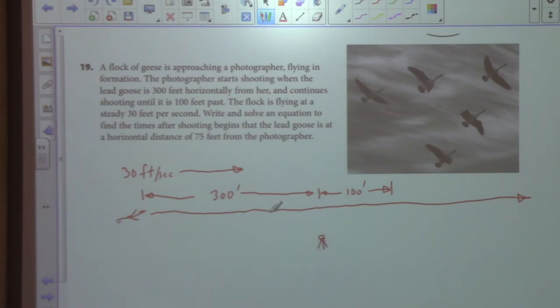So you're 75 feet away, like right here and right here. If we had this as a number line starting at 0, what would these values be here? This is 75 feet. And this is 75 feet.